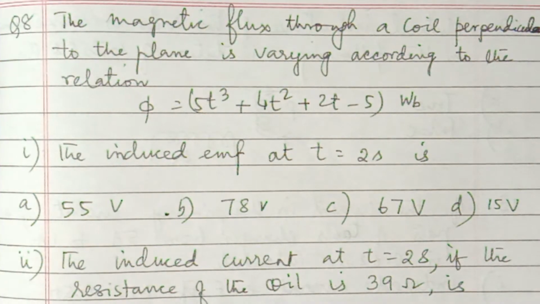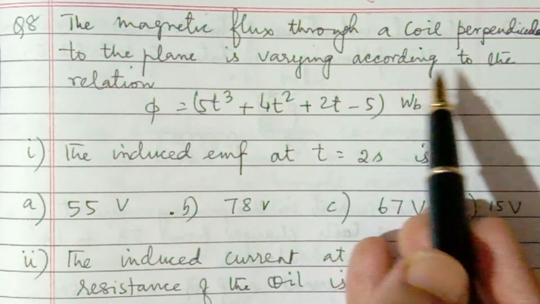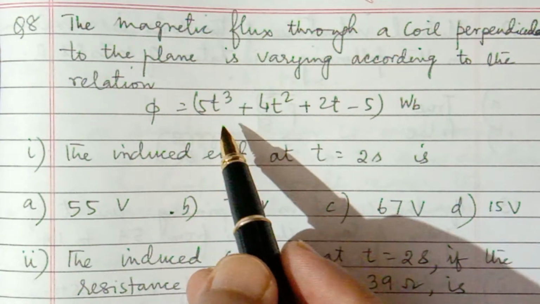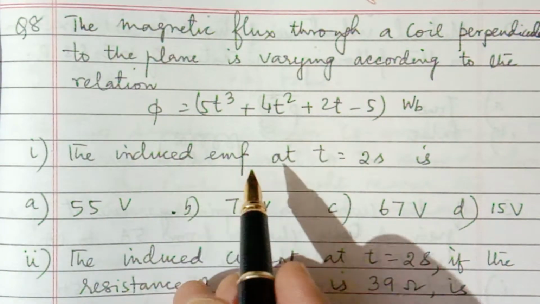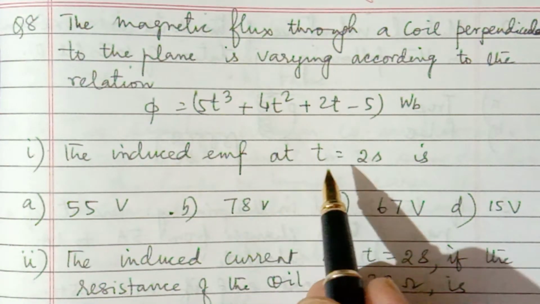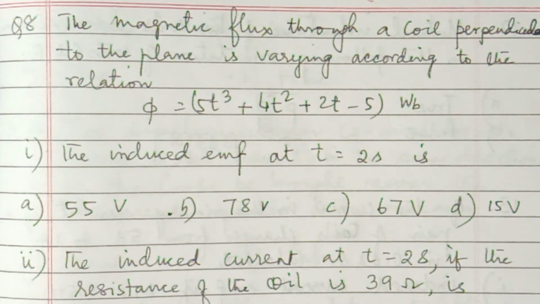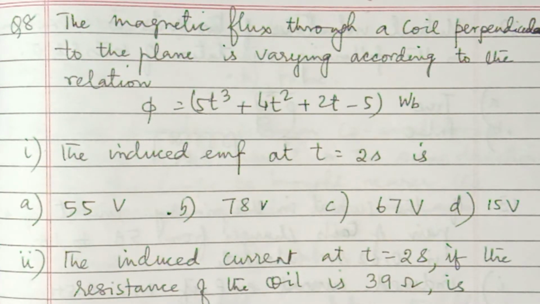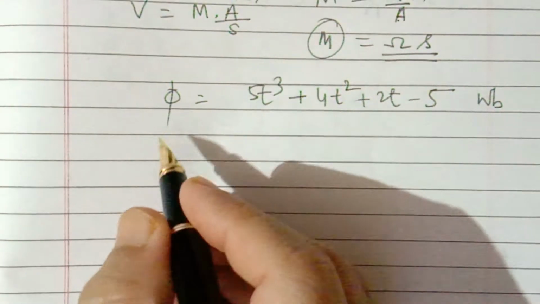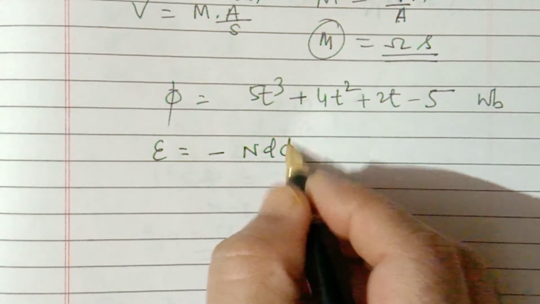Next question is the magnetic flux through a coil perpendicular to the plane is varying according to the relation phi is equal to this Weber. Then the magnitude of induced EMF will be how much at t is equal to 2 seconds? So that you have to find. Here we know from Faraday's law EMF is equal to minus n d phi by dt.